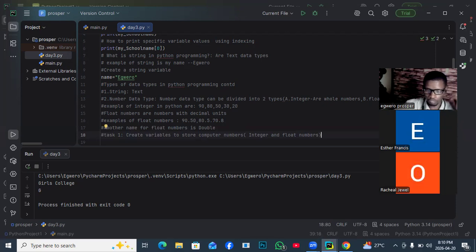Solomon, are you with us? Integers and float number. Yes, sir.